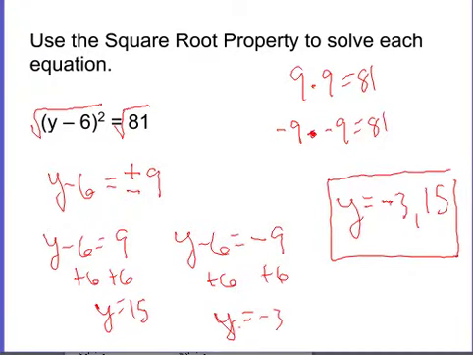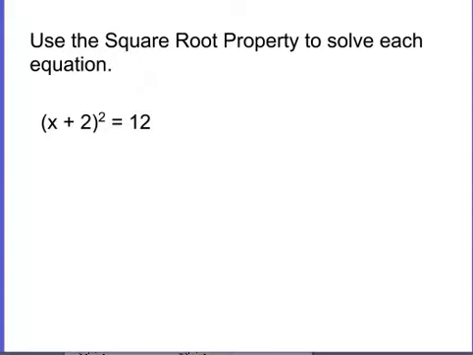Same deal here. Use the square root property to solve each equation. Sometimes we don't get a clean solution to these, and it's okay. We can still take a square root of this, right? I can take a square root here, and x plus 2 equals... To me, the simplest way to solve these is not to put the square root of 12 into your calculator.